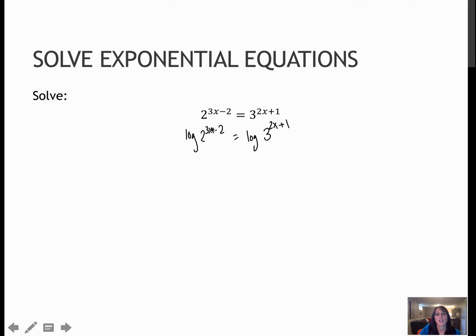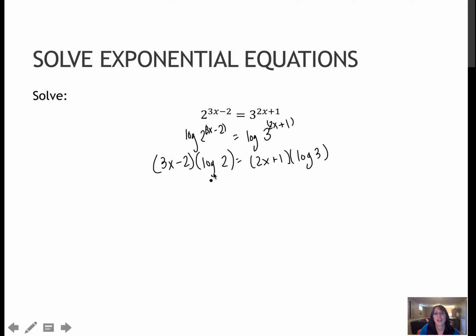what I end up with is all of this exponent now being a constant. So I have 3x minus 2 multiplied by log of 2, and I have 2x plus 1 multiplied by log of 3. And right now this is sort of ugly, but it's going to get worse before it gets better, because like we have done before, I really want to get all of my values that have an x to one side.